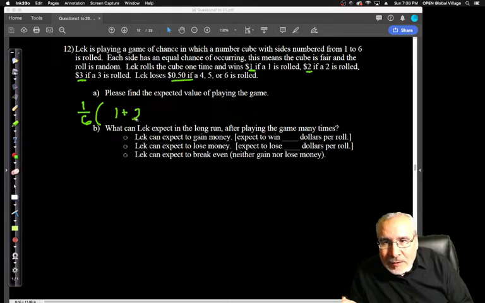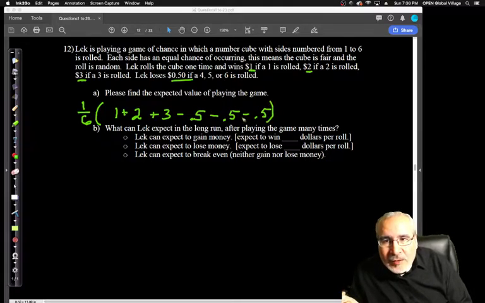We're going to add on the 2 if a 2 is rolled, and the 3 if a 3 is rolled. The losses: if he rolls a 4, he loses 50 cents, loses 50 cents if he rolls a 5, and loses 50 cents if a 6 is rolled.